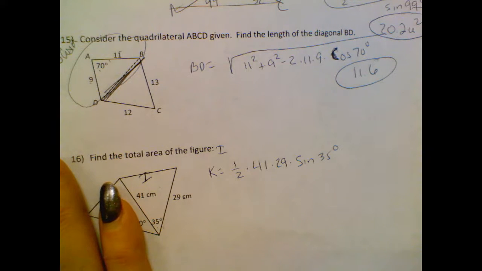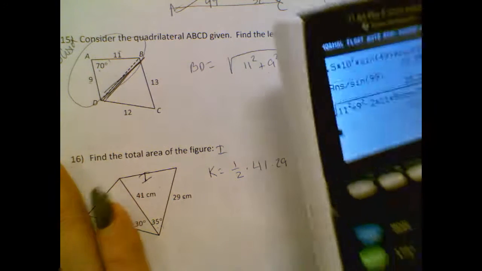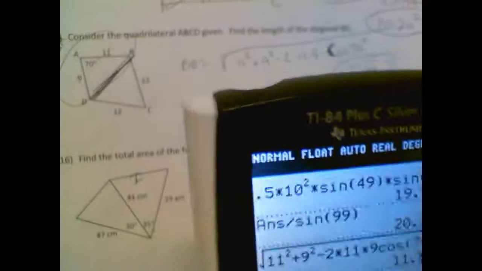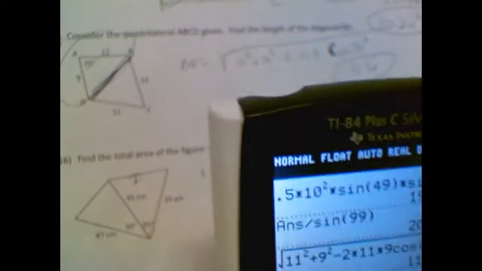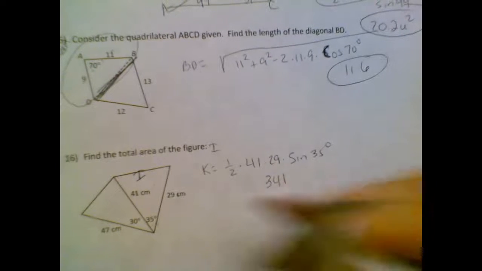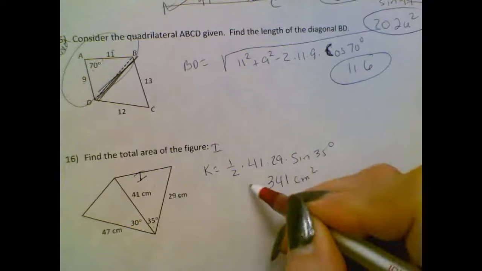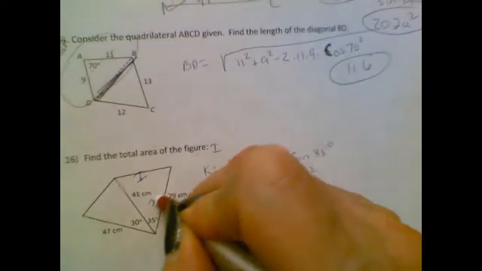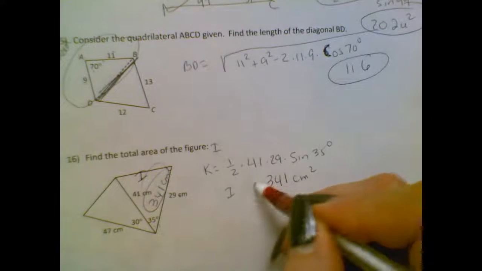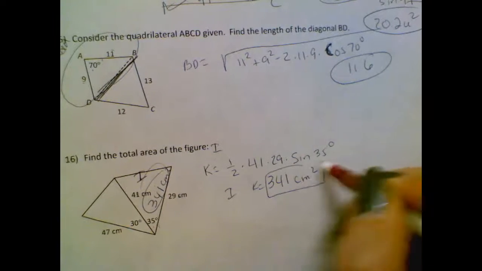Whenever you do areas, you always use sine. So we're going to punch that in. That'll be the area of triangle 1. So 0.5 times 41 times 29 times sine of 35 is 340.99, which is about 341. So this is centimeters squared. This whole triangle 1 has an area of 341 centimeters squared.